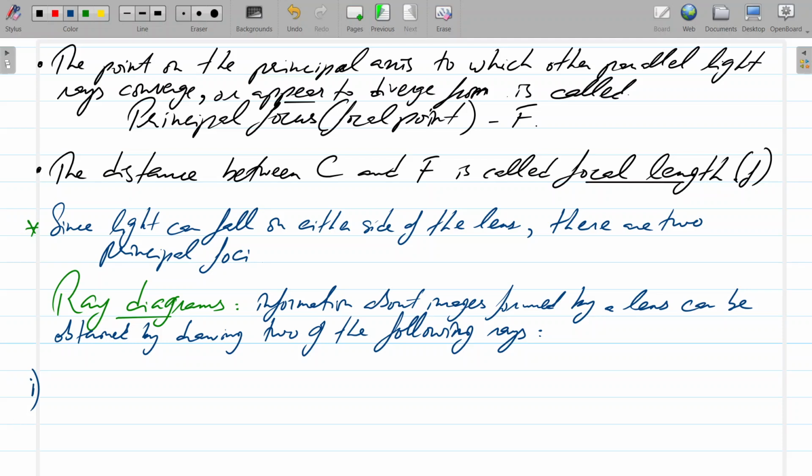The first one is a ray parallel to the principal axis. It is refracted through the principal focus.